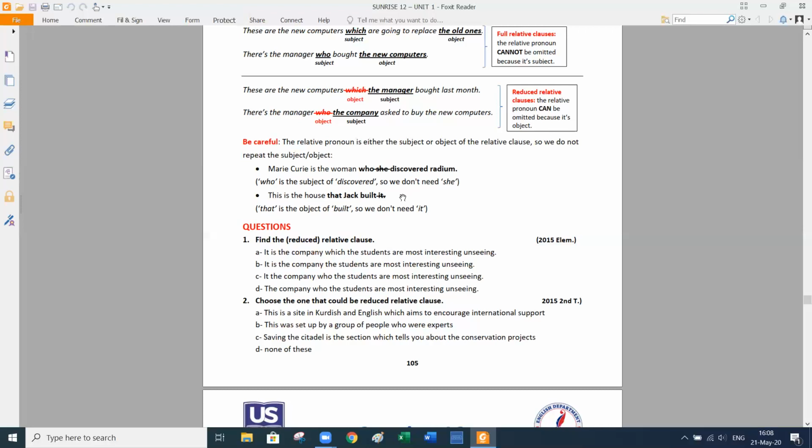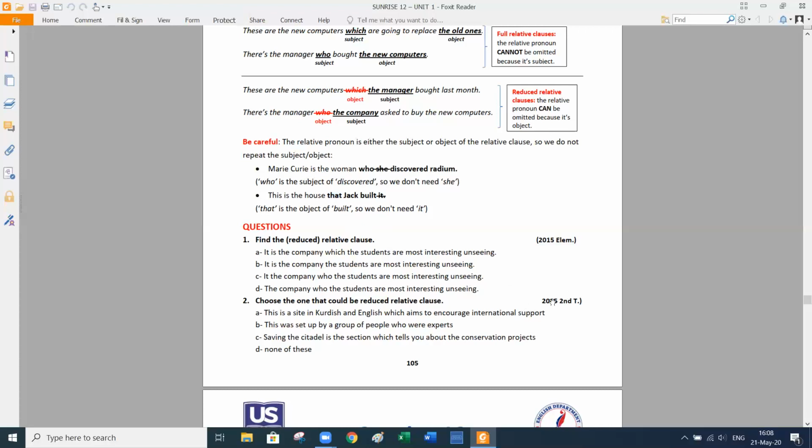So when we join the two sentences using that, we would say this is the house that Jack built. That and it refer to the object, to the house. So we don't need to repeat it because we use that instead of it. If they write it as well, in addition to the relative pronoun, that will be wrong.